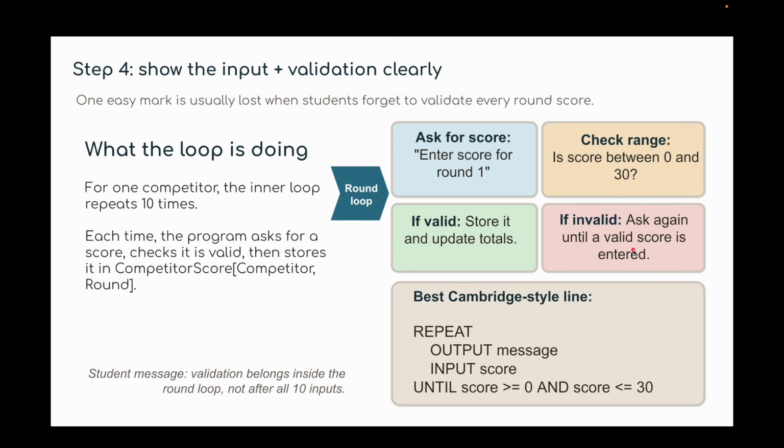If it isn't, then it won't enter it. So as best practice, we're going to output a message, input a score, and repeat this until the score sits between 0 and 30, greater than or equal to 0, less than or equal to 30. That's a nice little bit of validation to make sure that the scores are entered properly.